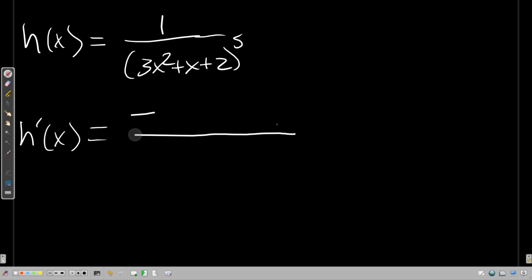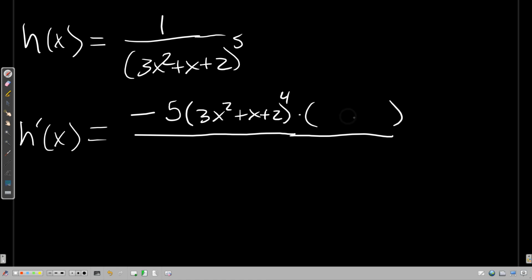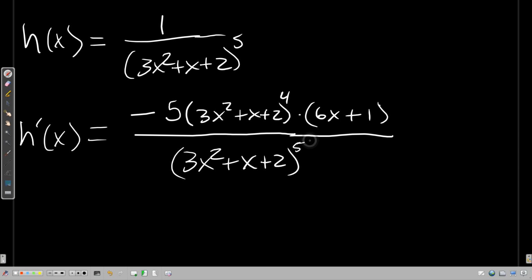The derivative of the bottom, we'll have to say 5 times 3x squared plus x plus 2 to the 4th, right? And then it would be times the thing on the inside, 6x plus 1. And then it would be over the bottom squared, 3x squared plus x plus 2, and then it's to the 5th, and then squared, so that would be to the 10th power.